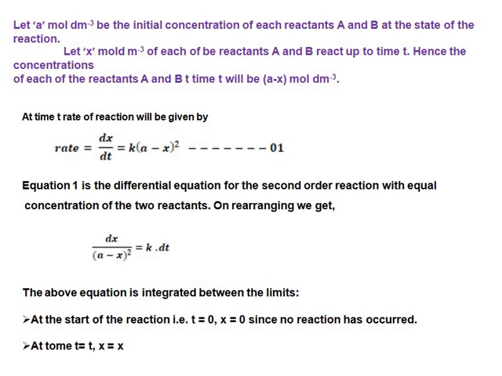Let a be the initial concentration in mole per dm cube of each reactant, capital A and capital B, at the start of the reaction, and x be the mole per dm cube of reactants A and B reacted up to time t.